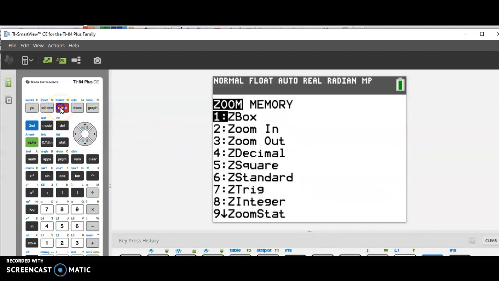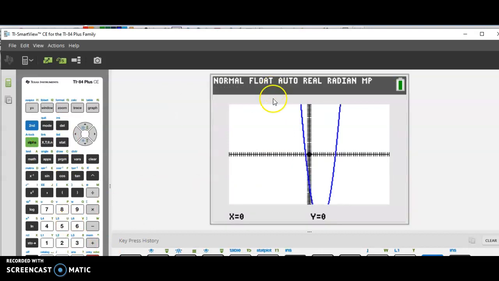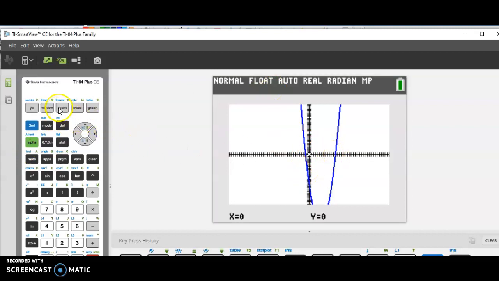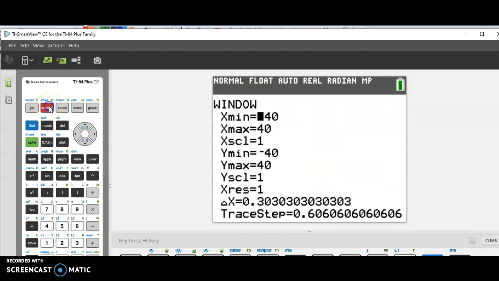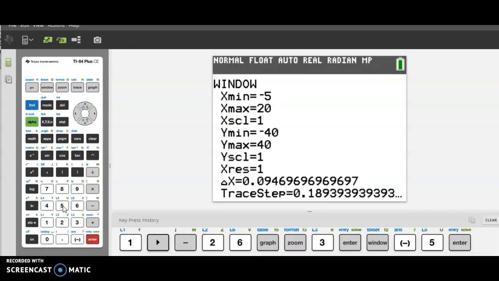You can just zoom. The third option is out. You have to enter one more time. But even then, that's not a very good graph. So what you might do is just change your window. It looked like -5 was still an okay value for your x, but maybe you just want to go to 20 over there.